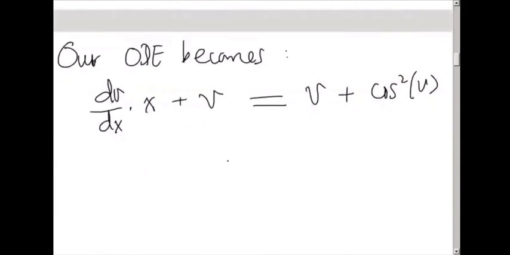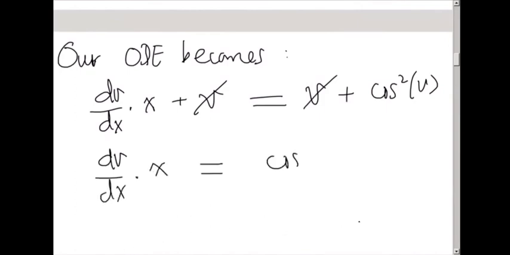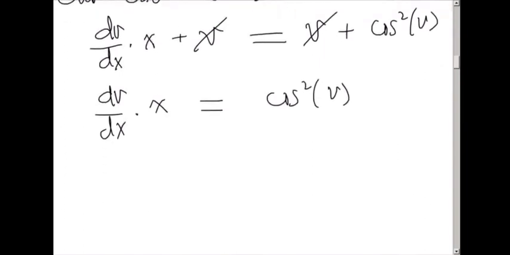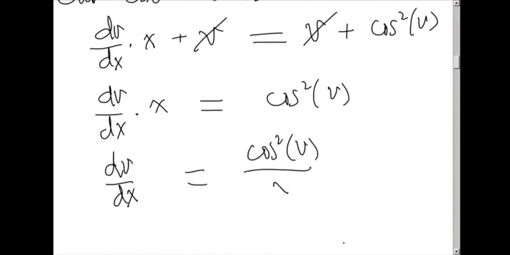Now simplify this. It turns out that we cancel these two v's, and we get dv dx times x equal to cosine squared of v. Now solve for dv dx. We have cosine squared v over x, and this is a separable equation.